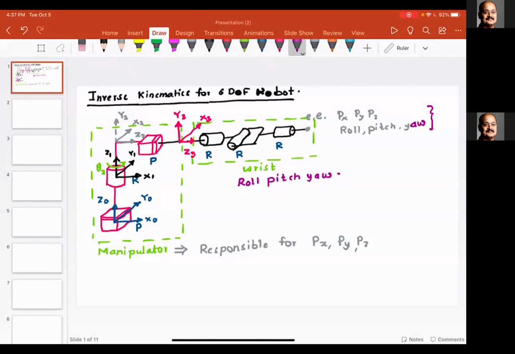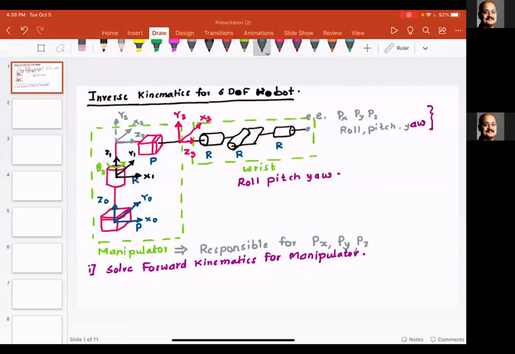If you want to find the inverse kinematics of a 6 degree of freedom robot, step one is to solve forward kinematics for the manipulator.